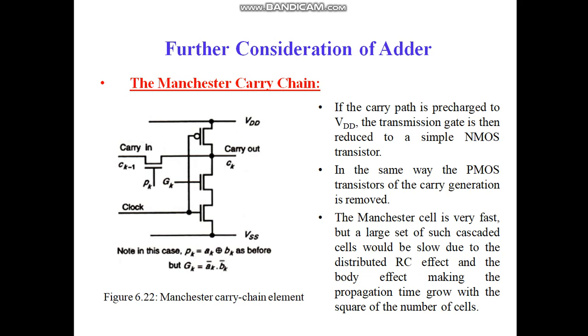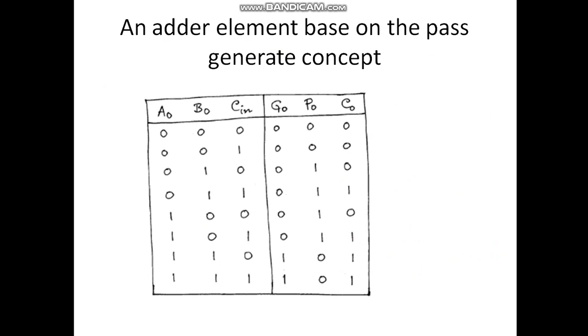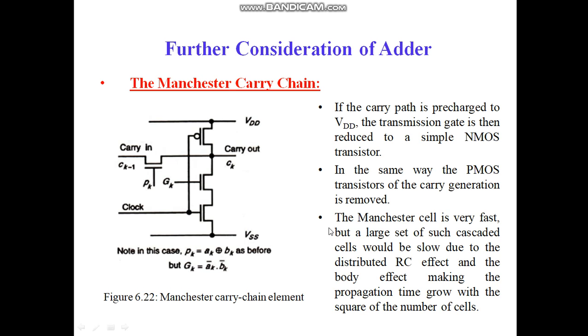So here using dynamic logic, you are reducing the time to bring the output from logic 0 to logic 1. That is, the charging time is reduced because that happens with the help of a PMOS in the pre-charging state. In the truth table, we can see that when P is equal to 1, C naught is the same as C in. So coming to the circuit, when P naught is 1, C naught will be the same as C in.